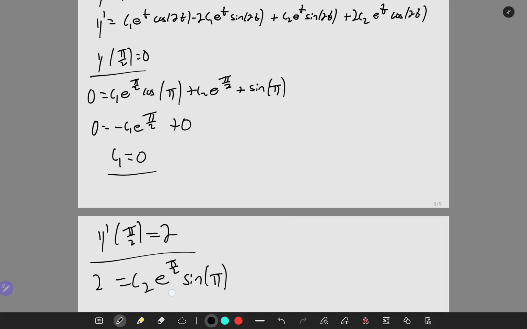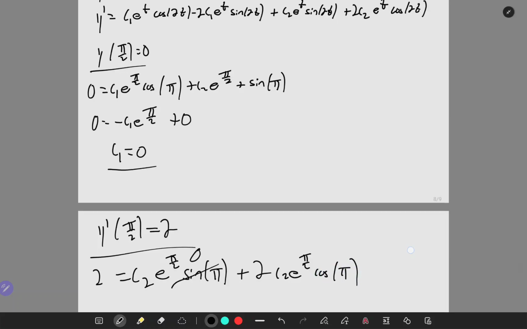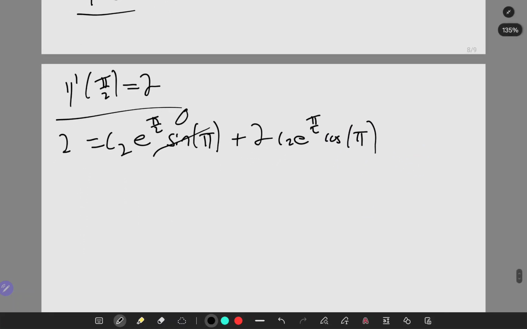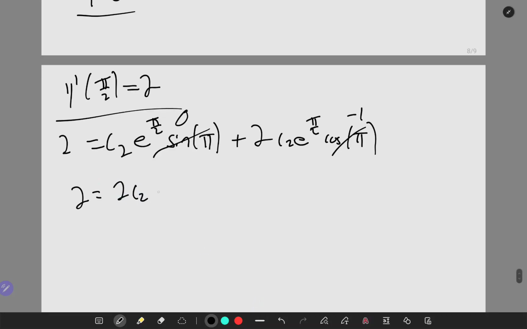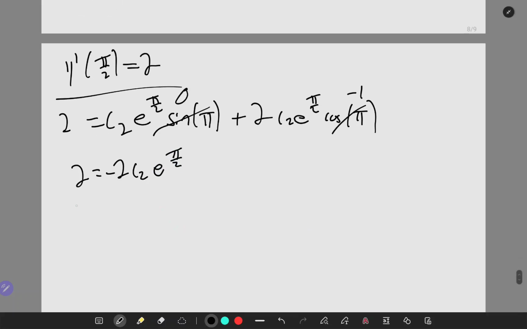Once again, sine of pi is 0 plus 2c2 e to the pi over 2 cosine of pi. Cosine of pi is -1. We're left with 2 is equal to -2c2 e to the pi over 2. This would become -1 is equal to c2 e to the pi over 2.